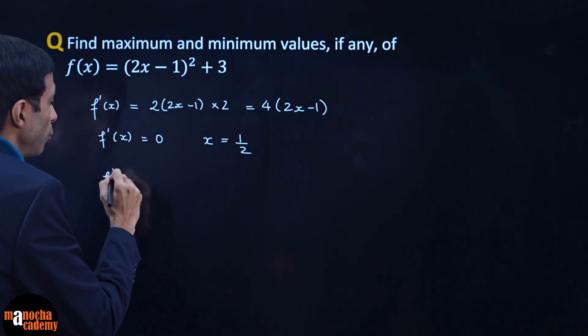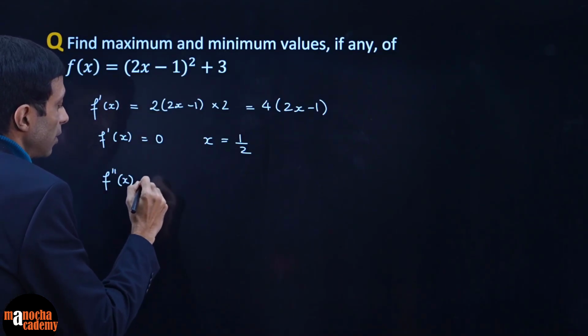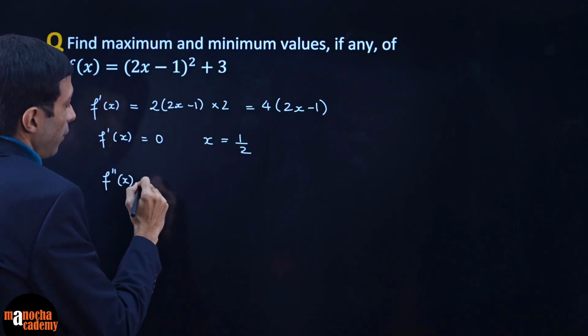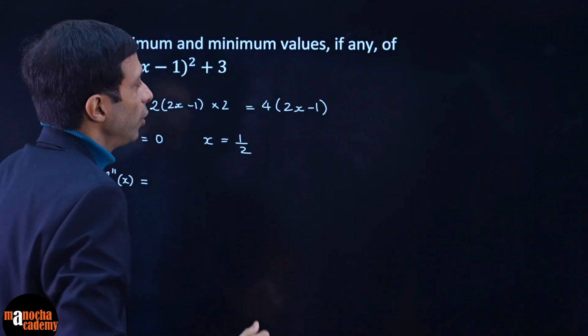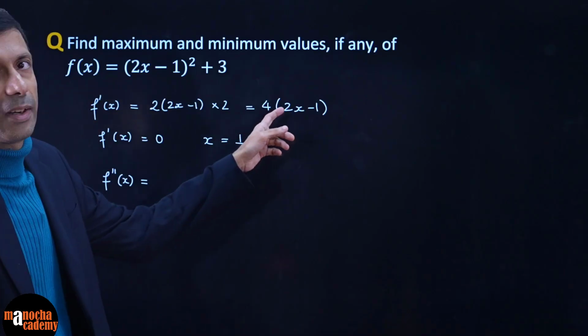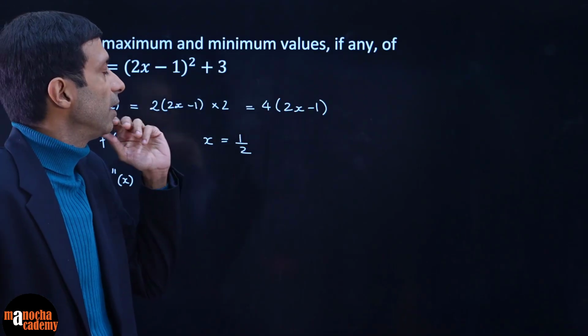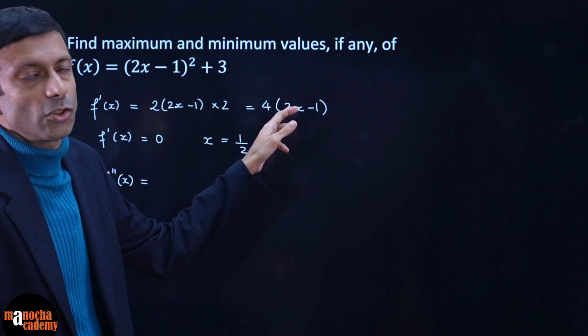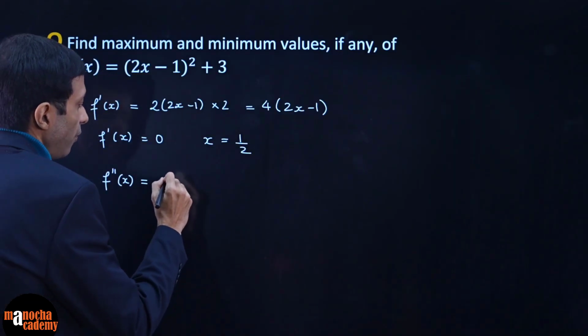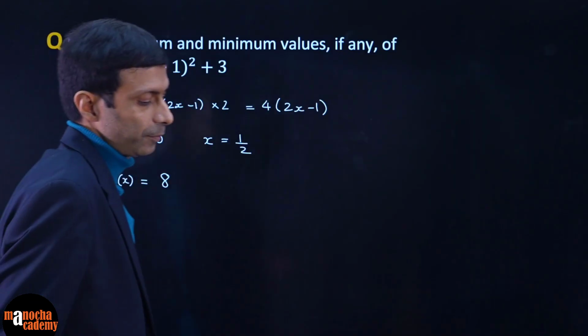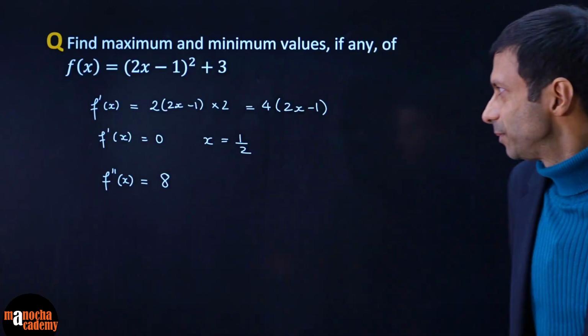Then the next thing is you have to take your f double dash x, double differentiation. So if you differentiate this again, what will you get? Differentiate it again, you will be left with only d/dx of 2x is 2 and times 4, f double dash x is 8. So what did our rule say?